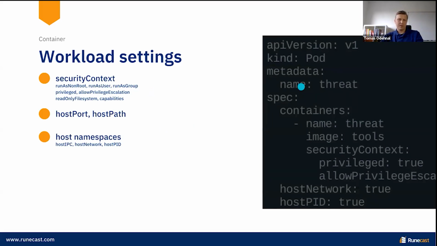It's either in the pod directly in the specifications, or it can be set on the container level. So you should set the pod to the least privilege needed to run the application. And if the application needs something that cannot be done by these privileges, you can use, for example, an init container that is preparing the environment for the application.